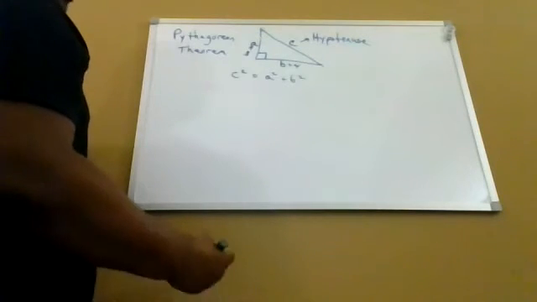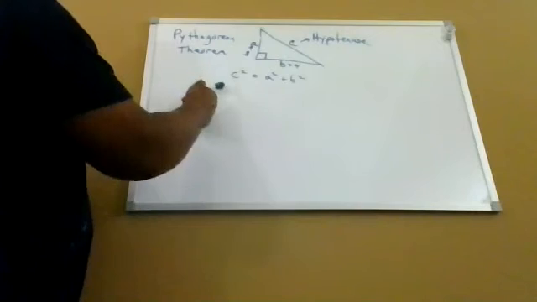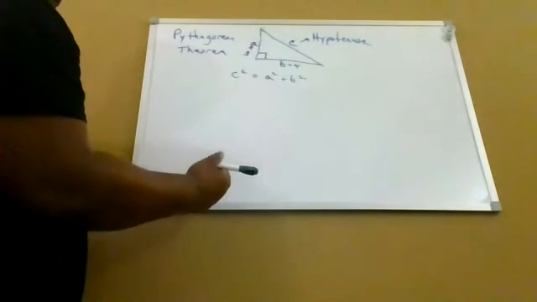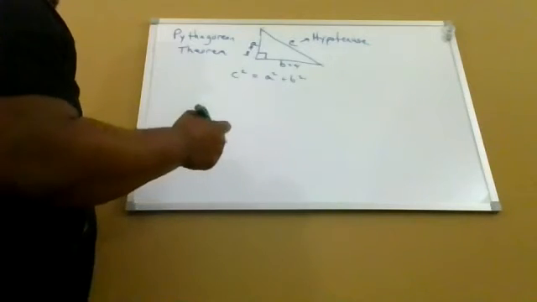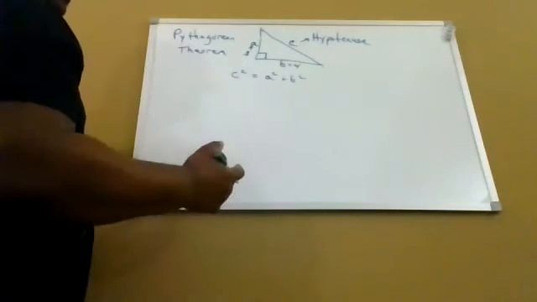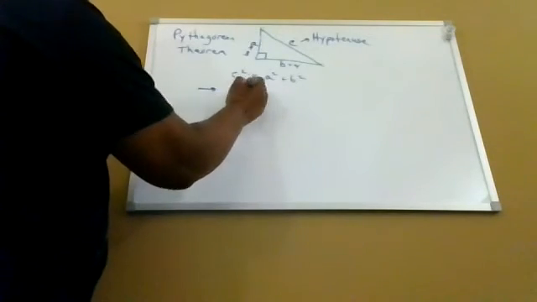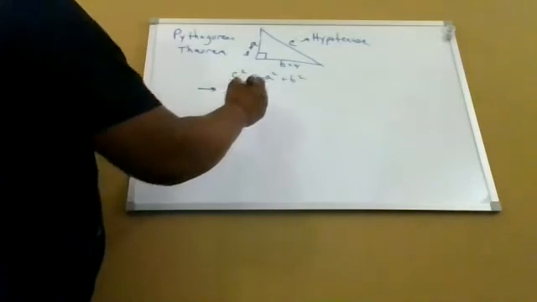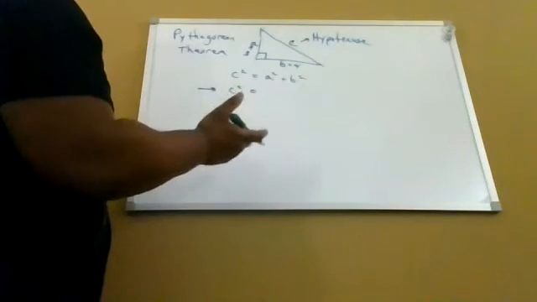Since we know this is a right triangle, we can use our Pythagorean theorem here to solve for C. How do we do that? We're going to plug in the values for A and B into our formula, and then solve for C. So now I have C squared, because I don't know what C equals, but I know that A is going to be equal to 3.